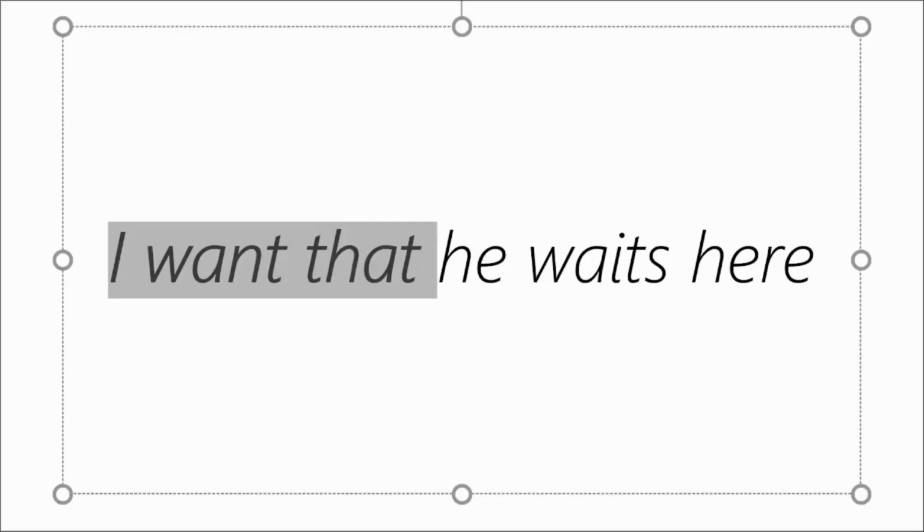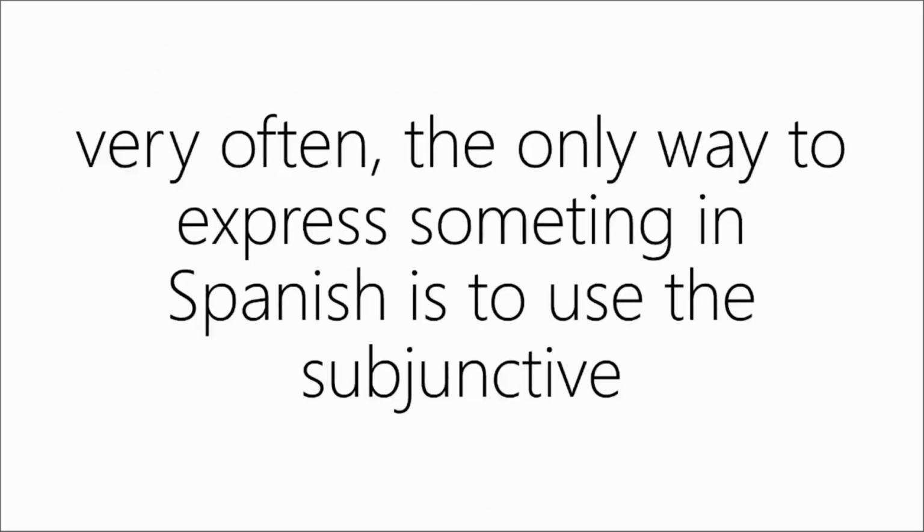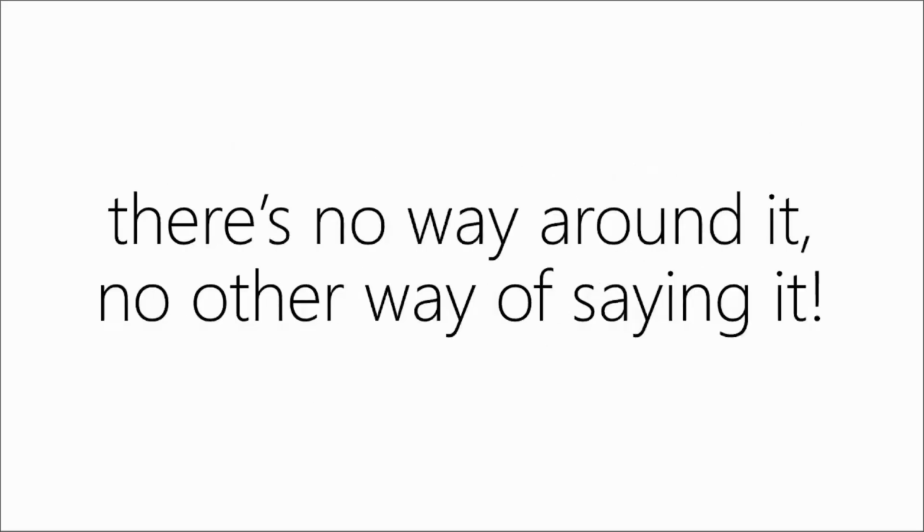You've triggered the subjunctive now. So very often what this means is that the only way to express some things in Spanish is to use the subjunctive. There's no way around it, because there's no other way of saying it. In the upcoming lessons now, we'll do many more examples of this.